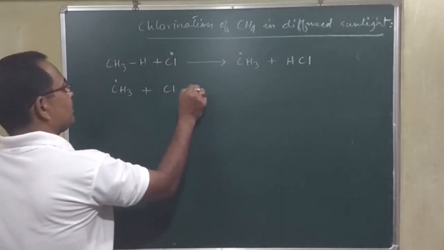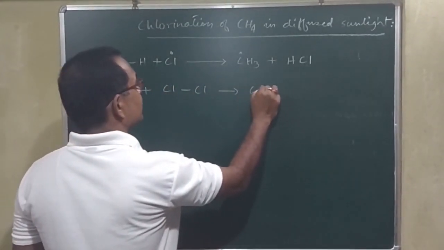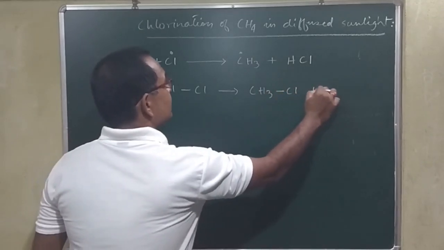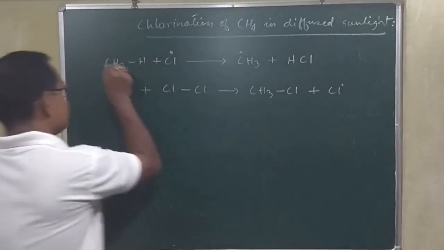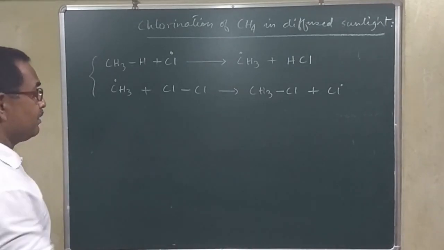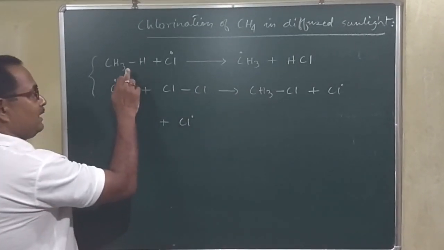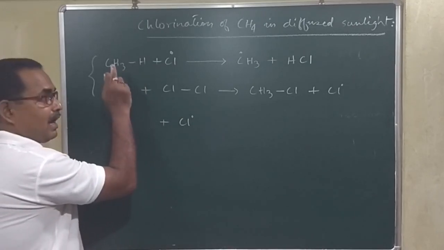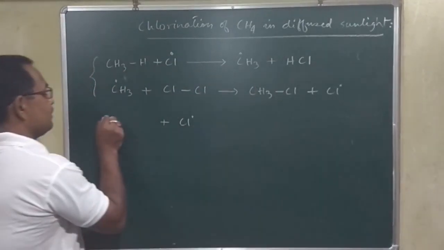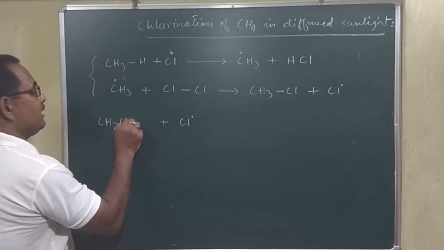That CH3 dot will attack another molecule of chlorine, we will get CH3Cl plus Cl dot. These two steps are already discussed. Now that chlorine free radical which is generated may attack methane as well as this CH3Cl.